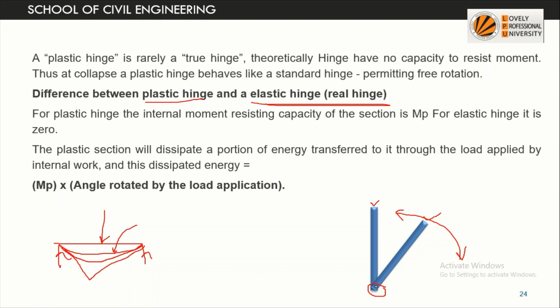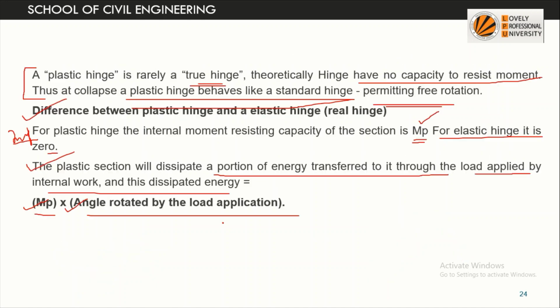This will be a straight line, and here the section will not be in a position to resist any further load or moment. So the capacity of this section is now 0. Now it cannot resist any moment. But how much moment did the plastic hinge resist? It resisted a moment equal to MP before getting into this state. So this is the difference between plastic hinge and elastic hinge.